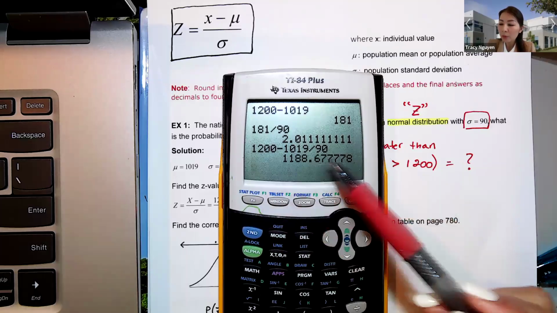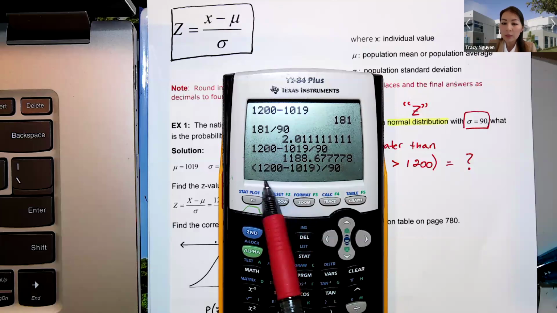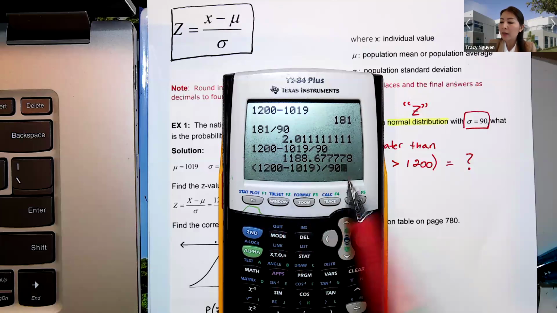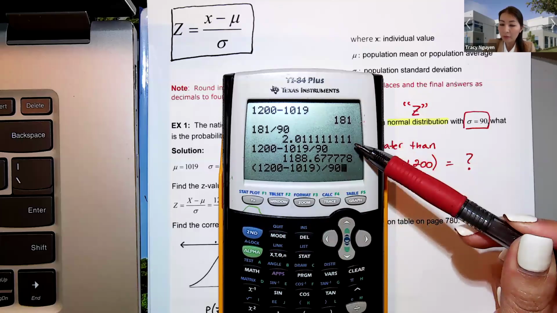But if you want to do the whole thing, I'm going to show you this way here. Open parentheses, 1,200 minus 1,019, close it, hit the division sign, divided by 90. If we key in this way, we tell our calculator to do the subtraction, then divide the result by 90, which is exactly what we did first up here, okay?